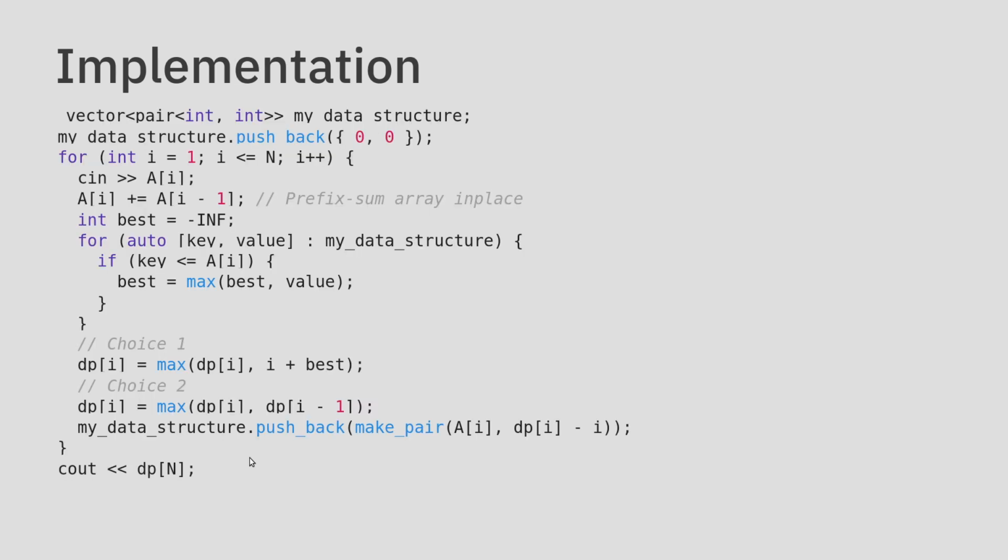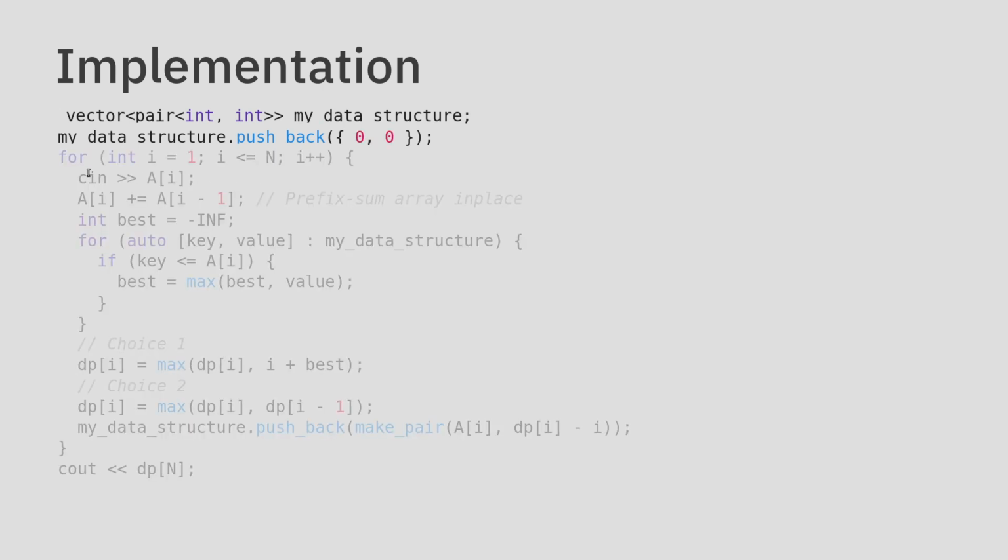Okay, so let's try and go over the implementation for this approach. I'm using a pair of int comma int as a data structure, so I'm calling it my data structure, and we need to handle a base condition 0, 0 that we mentioned while computing the recurrence relation. That is the part where we are using pair of int comma int as a key value data structure.